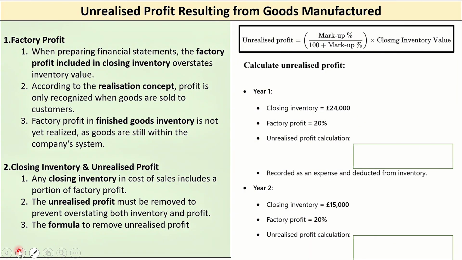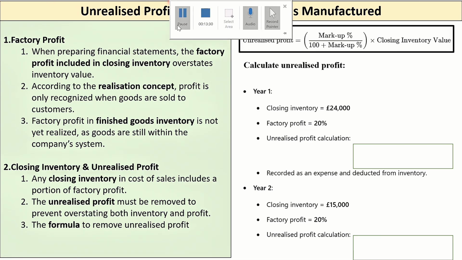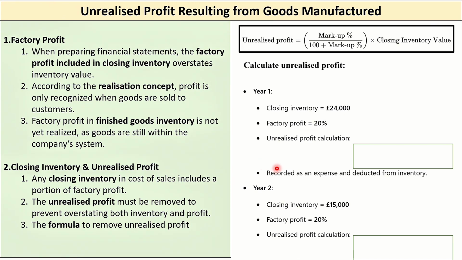Factory profit in finished goods inventory is not yet realized as goods are still within the company's system.